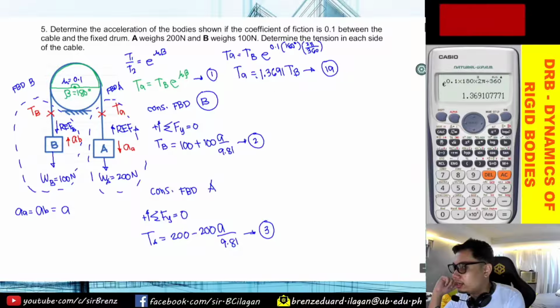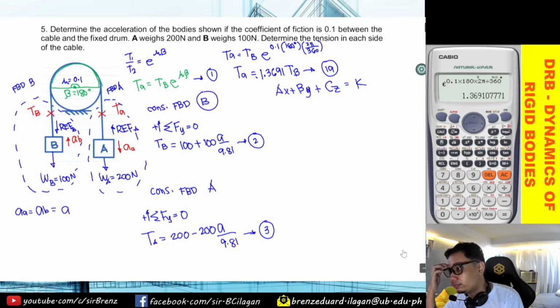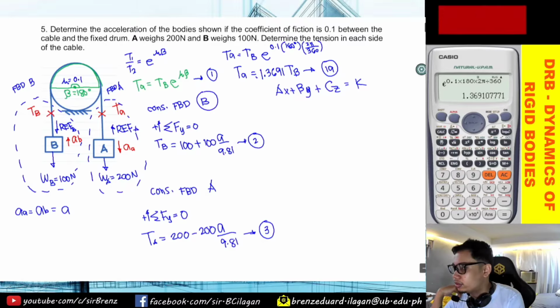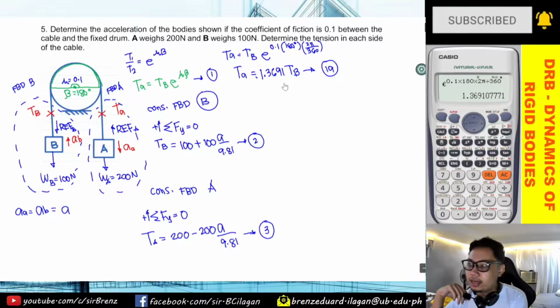Ang gagawin nyo lang, i-rearrange nyo siya sa form na AX plus BY plus CZ is equals to yung mga constant. So ipakita natin ang dalawang solution. Pero manually na lang natin to.